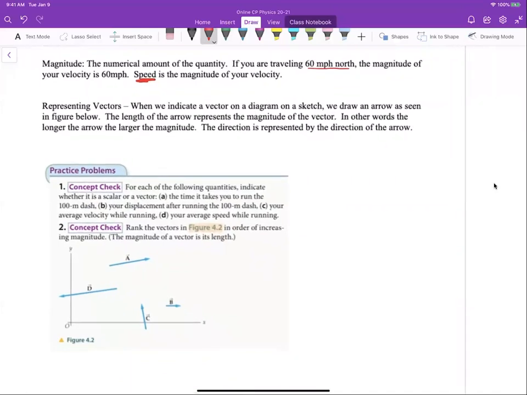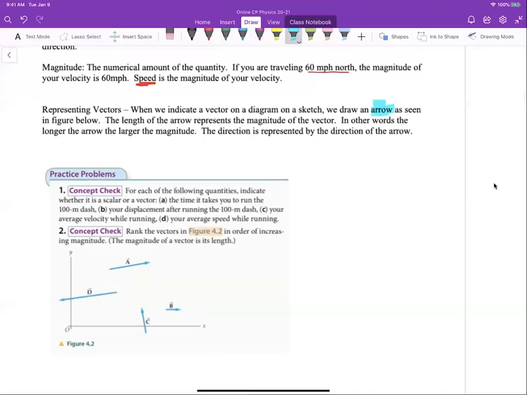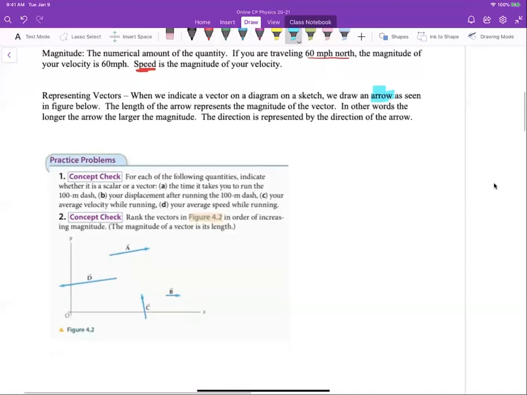Now, how do we represent vectors? We have to learn how to represent vectors. When we indicate a vector on a diagram or a sketch, we will draw an arrow, as seen in the figure below. So I have a whole bunch of arrows here. These represent vectors. The length of the arrow represents the magnitude of the vector. So the longer the arrow, the larger the magnitude, and the direction is represented by the direction of the arrow.